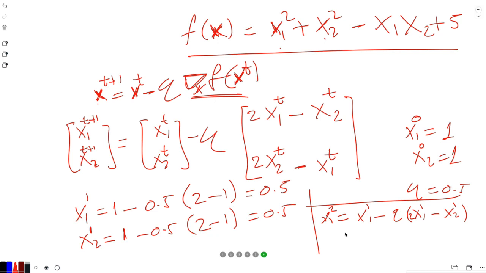Now x1 at 1, as we saw, is 0.5, minus 0.5 times 2 times 0.5, which is 1, minus x2 at 1, which is 0.5. So 1 minus 0.5 is 0.5, and 0.5 times 0.5 is 0.25. So 0.5 minus 0.25 is equal to 0.25. And I may guess that x2 at iteration 2 will also be 0.25, because they are similar.